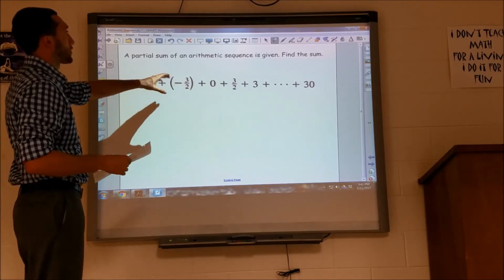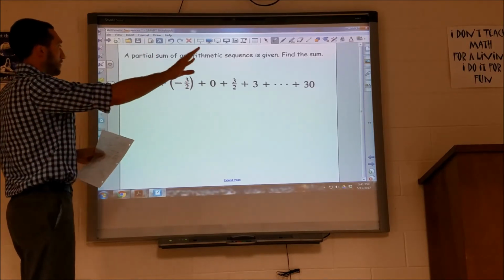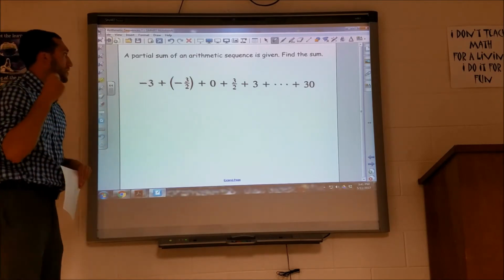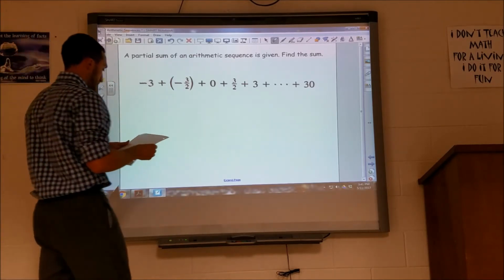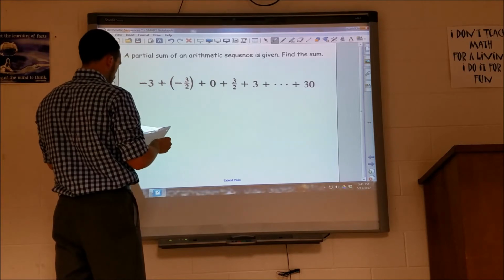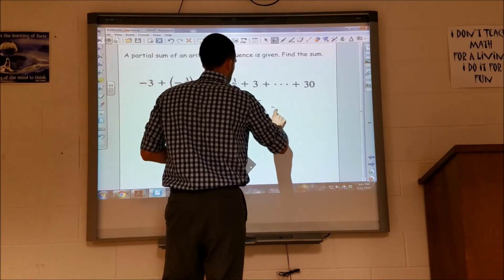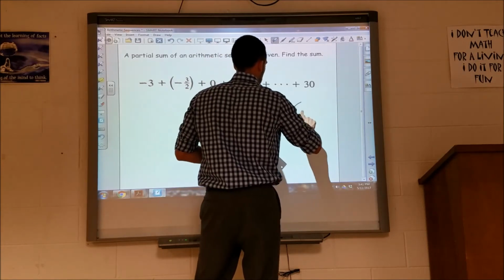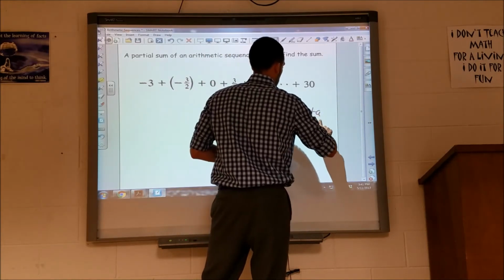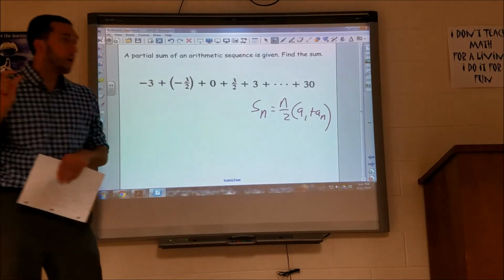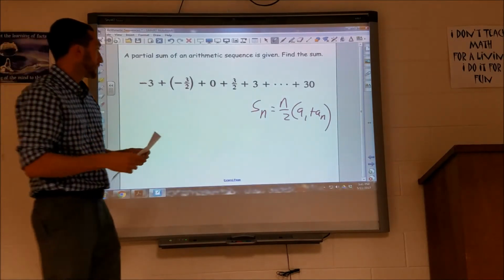Again, find the partial sum of this arithmetic sequence. Well, they've given us the sequence, they want us to find the sum of all of this. So, we're going to have to use our partial sum equation. So we know our first term.